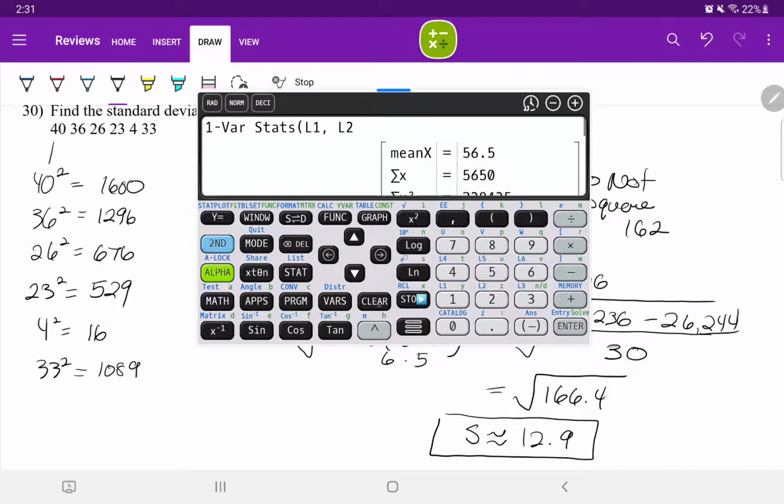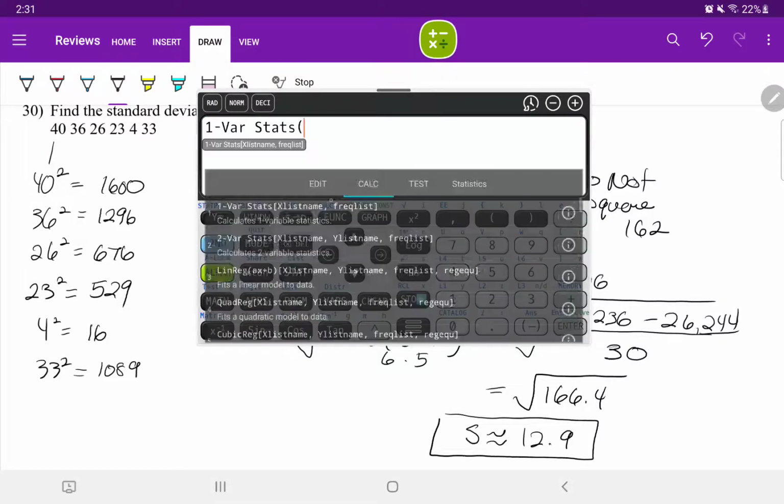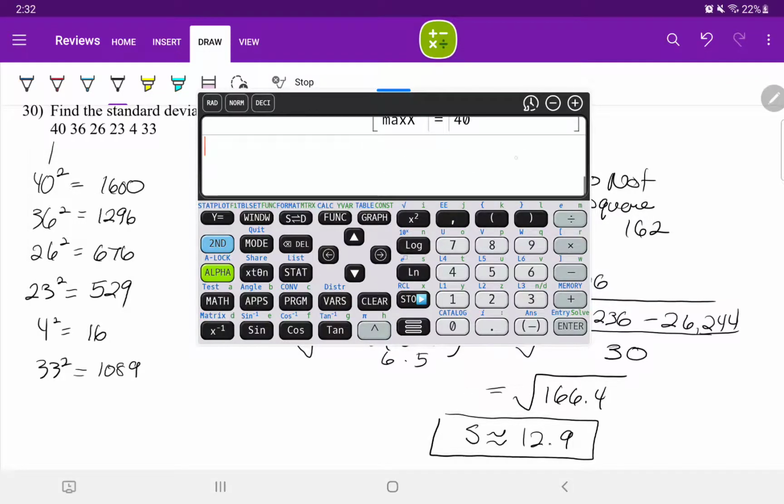So let's clear this. Now, after you put in your table, you're going to go to stats. You're going to go to calculate one variable stats. And remember that you should always put in L1. In this case, because you're only putting things in list 1, you hit enter.